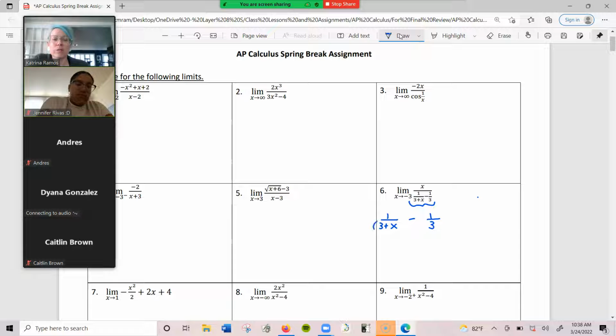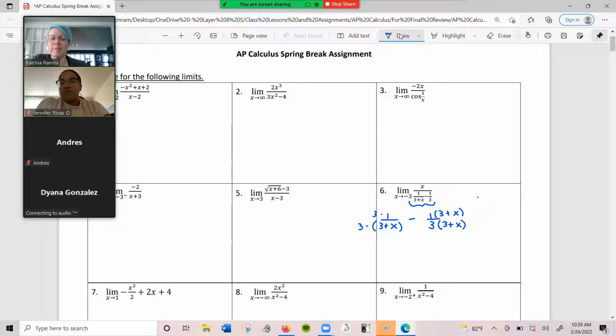So I'm going to multiply this denominator here by 3. So I have to multiply the numerator by 3. And then here I have to multiply this by 3 plus x. So 3 plus x. So far, so good? Okay.